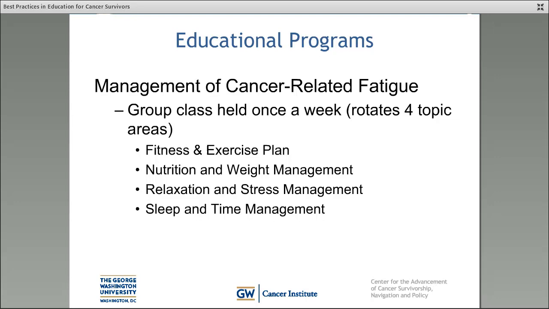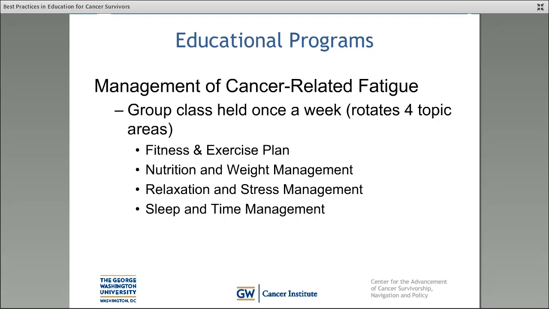We talk about fitness and exercise, and this particular session is actually facilitated by an exercise specialist, and she gives them really practical tools and ideas on how to deal with introducing exercise if they haven't, and how that can be not such a dubious thing to do, because I think it can be overwhelming for patients to think about introducing exercise when their main side effect is being tired.